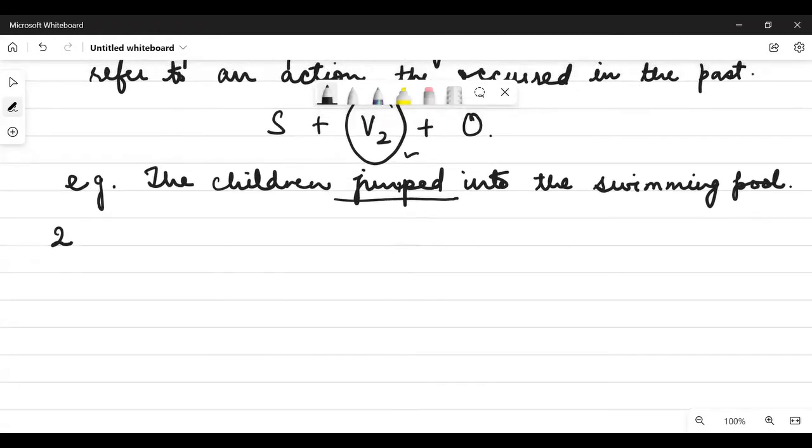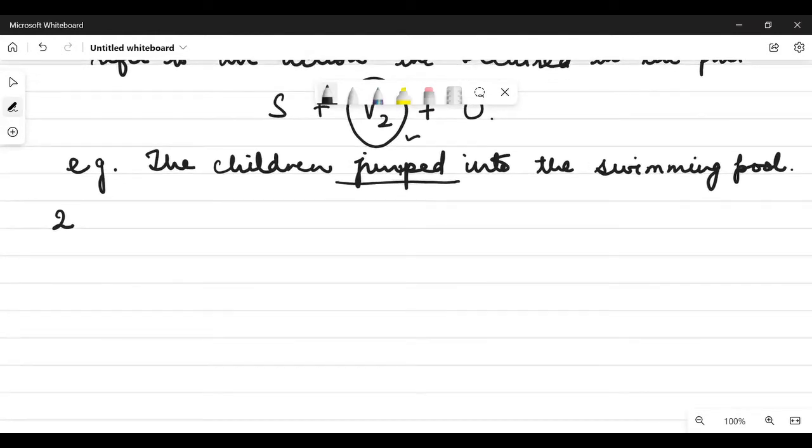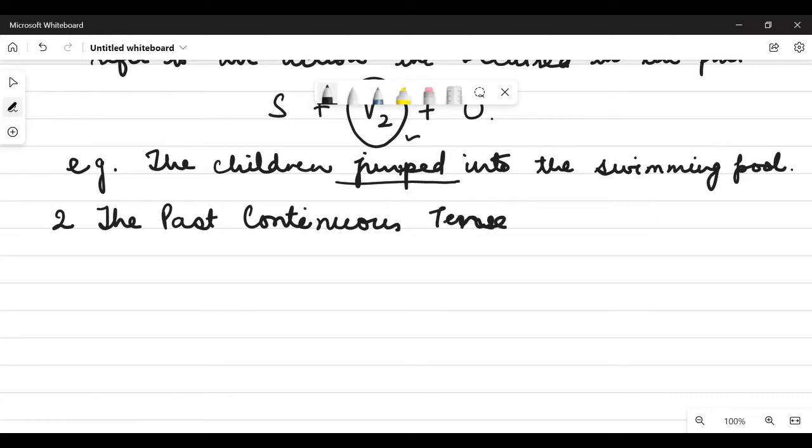Yes, next, ma'am. So the next is the past continuous tense. Past continuous is like past that has occurred in the past, and continuous is about ongoing, progressive.